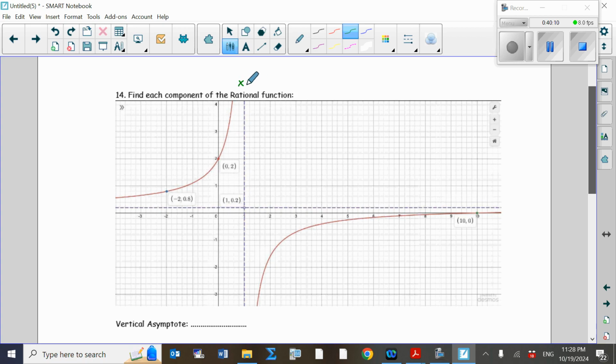So x equal to 1 is the vertical asymptote. Horizontal asymptote is at 0.2. So y equal to 0.2 is the horizontal asymptote. So you see this x is the vertical asymptote, the y value is the horizontal asymptote because the horizontal line is missing.